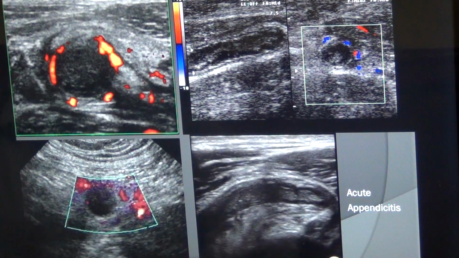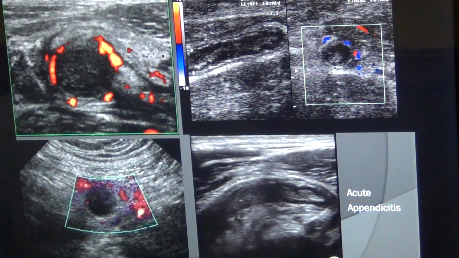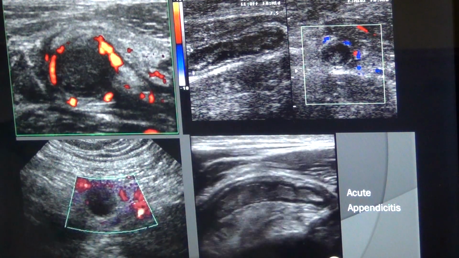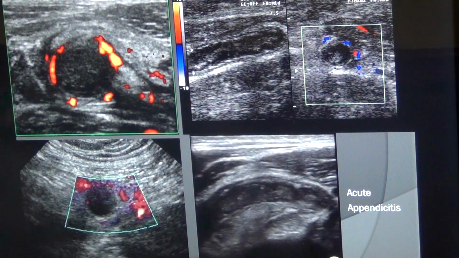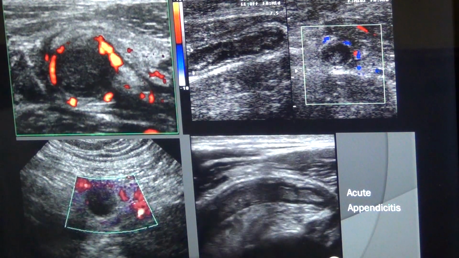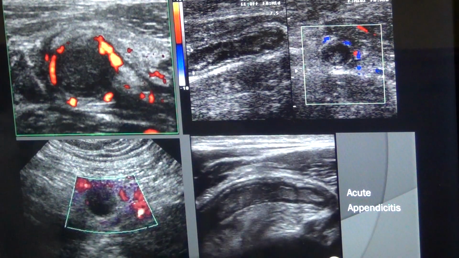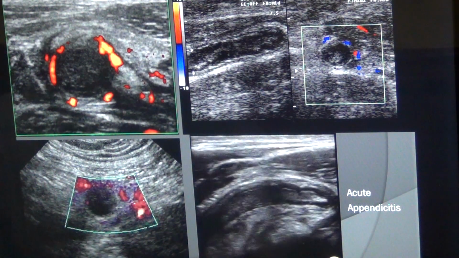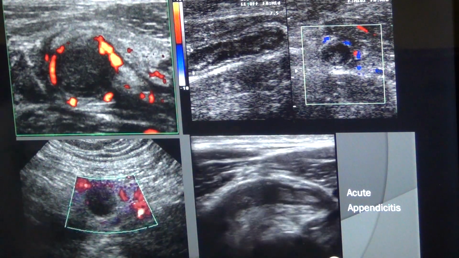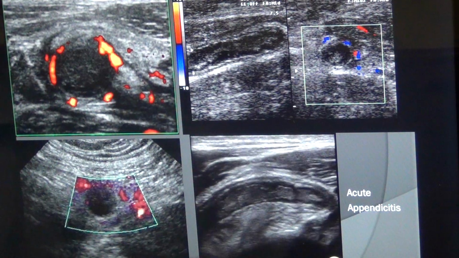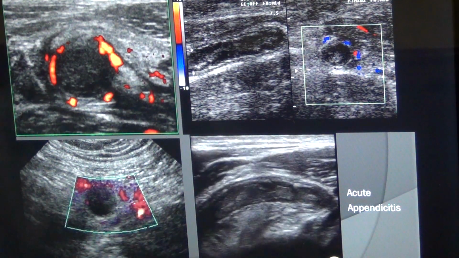But if you see a tubular structure in the right iliac fossa, and the patient gives a history of pain in the right iliac fossa, the WBC count is very high, the patient has nausea, vomiting, and the typical history of acute appendicitis, pain starting in and around the umbilicus and then migrating to the right iliac fossa, and then you will see rebound tenderness is positive.